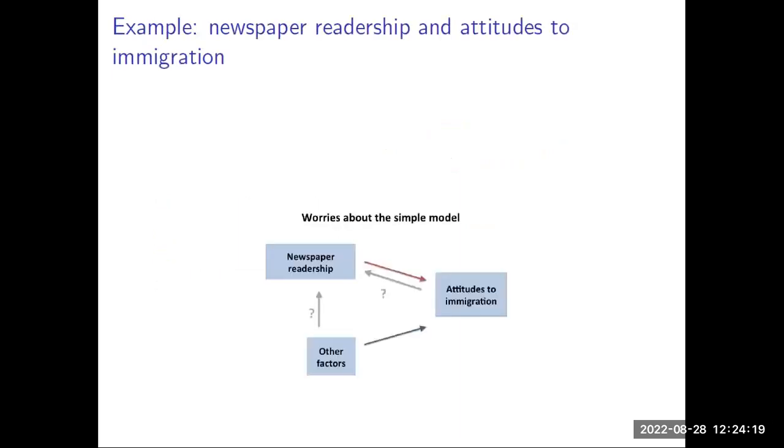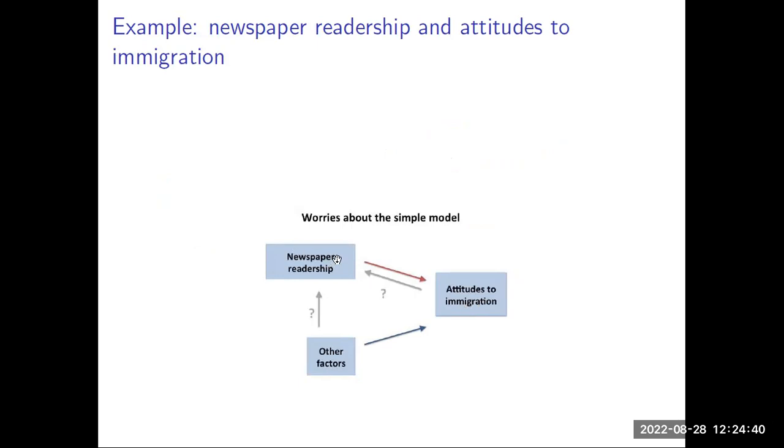Simultaneous causation could be that one thing is causing the other thing, which is causing the first thing. Say, for example, when you read newspapers, you make up your mind about migration or immigration. But your attitudes towards migration can also make you read the newspaper.